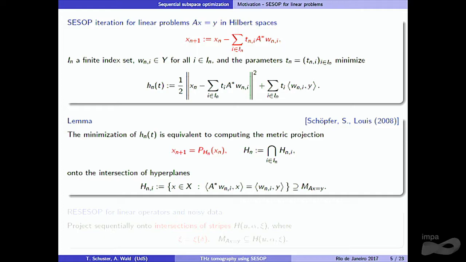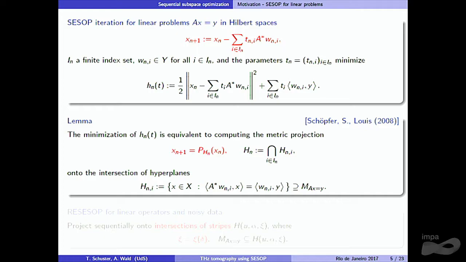Just move A star to the right-hand side, use Ax is equal to y, and you see any solution is contained in this hyperplane. And so it's also contained in the intersection of all hyperplanes. And so there's hope to get convergence for n going to infinity.